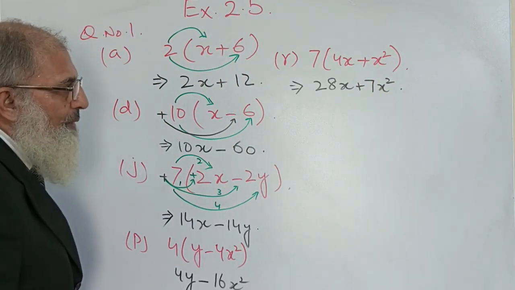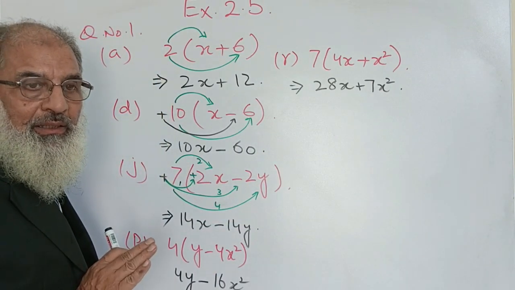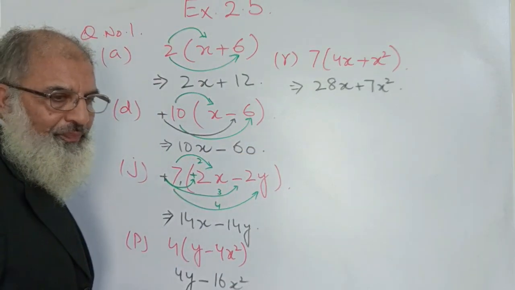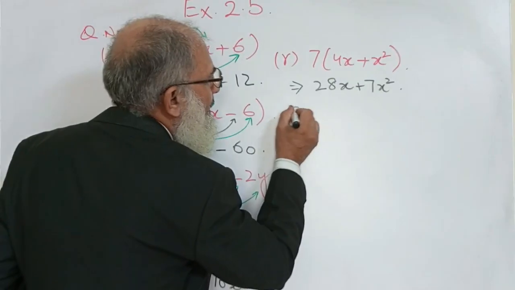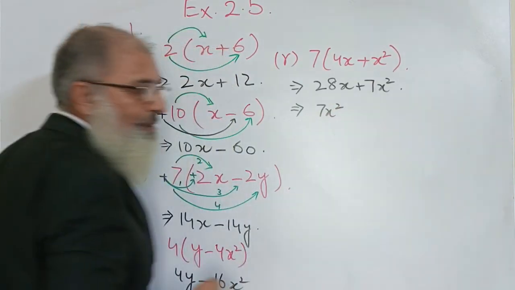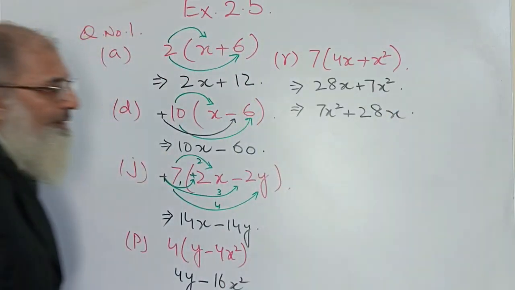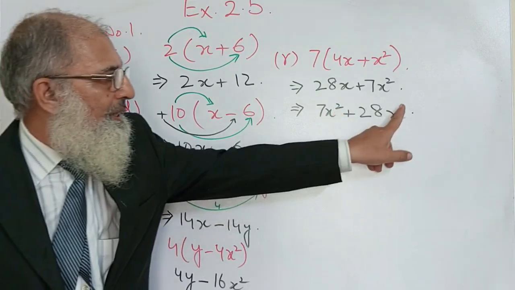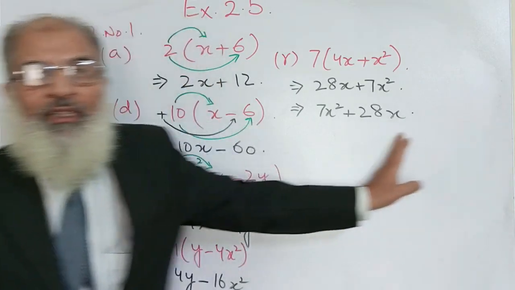Though this is right, there is nothing wrong in this written expression, there is a rule that we write the second degree before the first degree. You can write it like this because it is square and it has power 1, and if there was anything constant we would have written it after this.